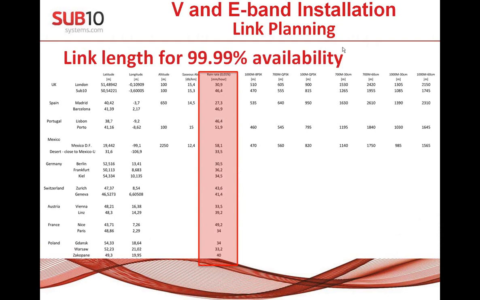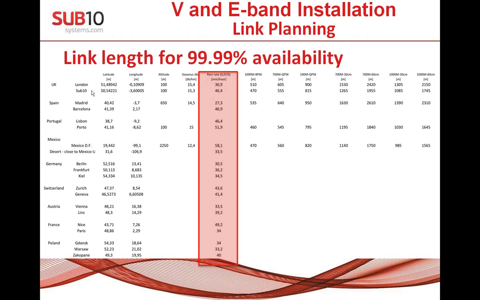To have an idea what is behind, you see this link availability for some selected cities. For the UK, if you look at London and you are looking for 4 nines, the rain level is around 31 millimeters per hour.